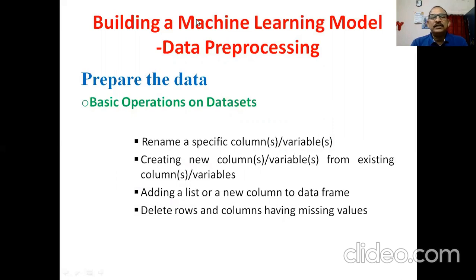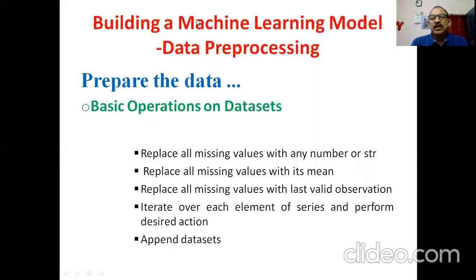Basic operations on the data sets: rename a specific column or columns, or you can say variable or variables, creating a new column from an existing column, adding a list or new column to a data frame, delete rows and columns having missing values, replace all missing values with any number or string, replace all missing values with its mean, replace all missing values with the last valid observation, iterate over each element of a series and perform a desired action, append data sets.